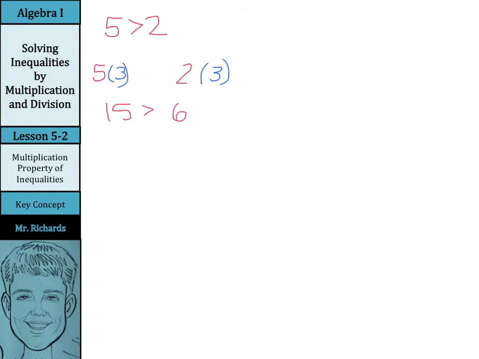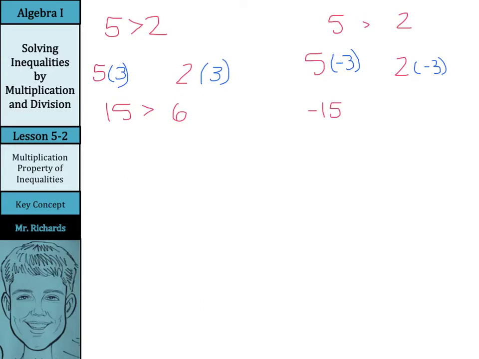Nothing's changed. But what if I take the same 5 and 2, and 5 is still greater than 2, and I multiply both of those by a negative 3? A funny thing happens. 5 times negative 3 is negative 15.